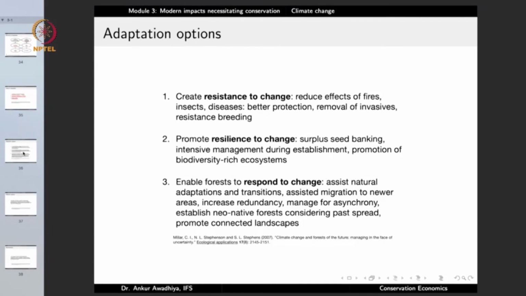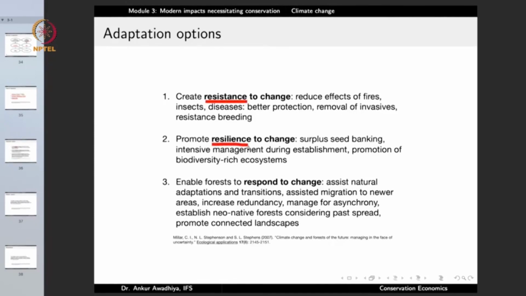In the case of insects and diseases, you try to have a better protection against them. You remove the invasives. You do a resistance breeding so that the plants or animals in your area are more capable of tolerating the drought or flood situations or increased temperatures. So that is creating a resistance to change.